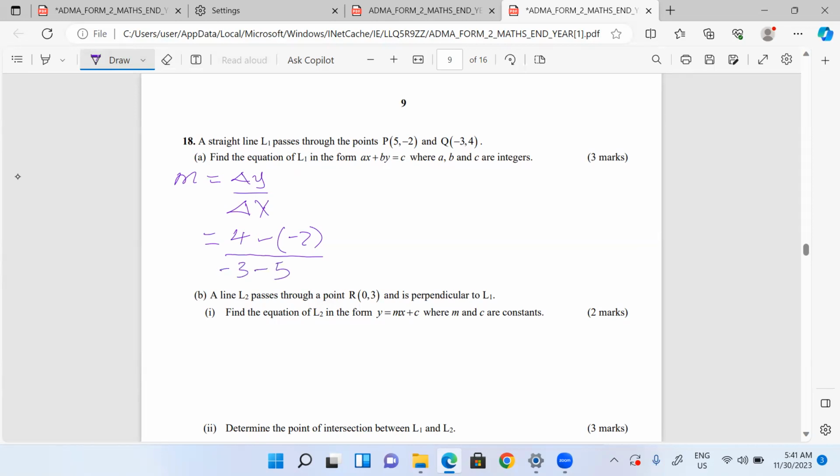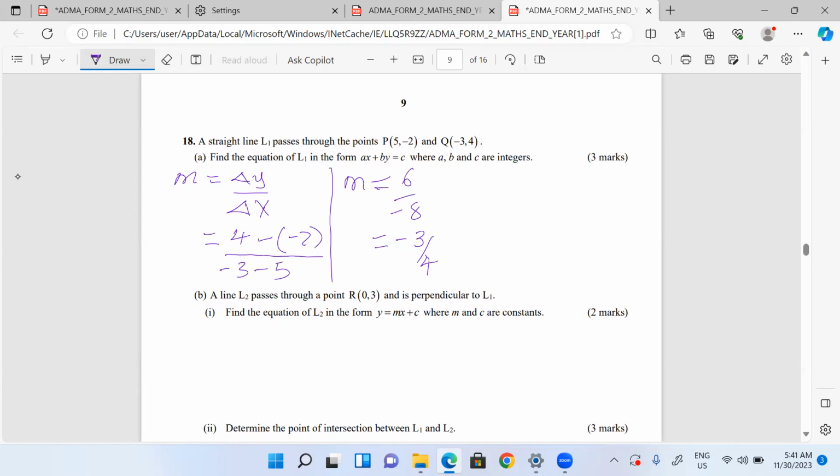So the gradient is going to be, the numerator will give us +6 out of, the denominator will give us -8. So when you simplify, we're getting -3 out of 4. That is the gradient for the line.